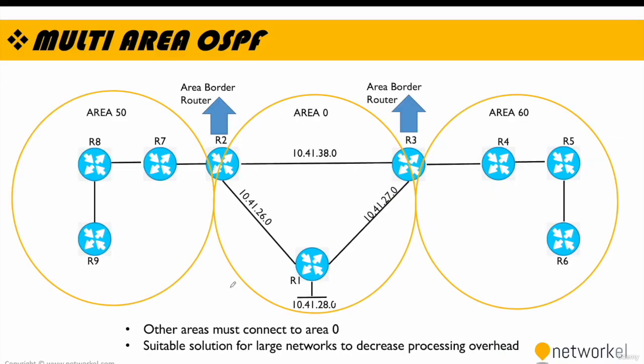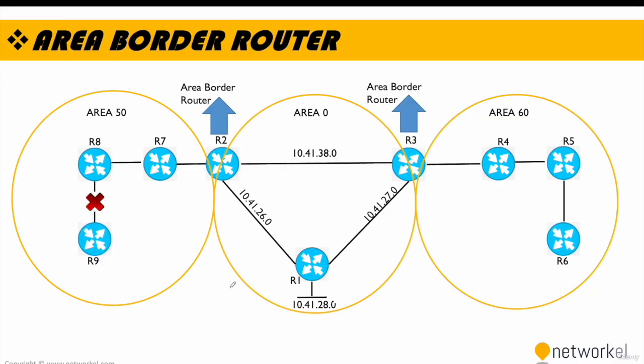As you can see here, we have multiple areas and each area is connected to area 0, which is the backbone, by an area border router. Each additional area in the OSPF domain must have a connection to the OSPF backbone area, as I told you.